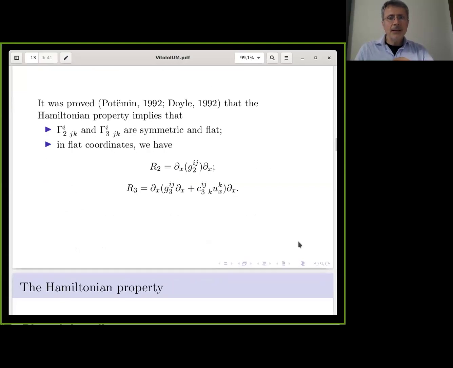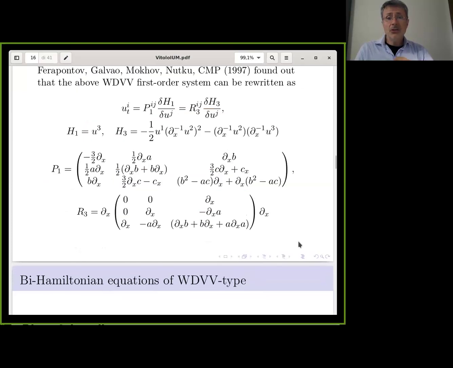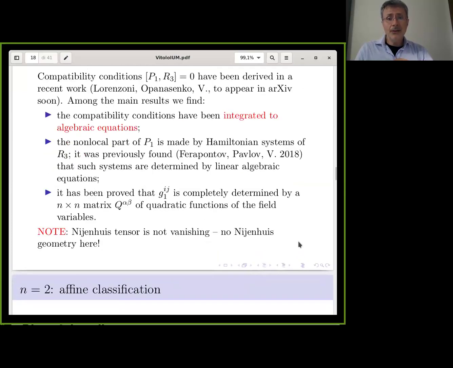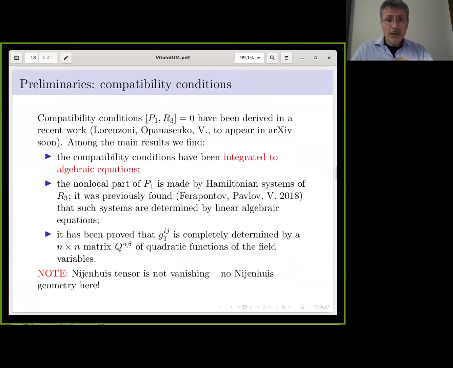And indeed, one could prove that they are total derivatives. So these systems are conservation laws. This is a result of the compatibility computation. And those systems are Hamiltonian systems with respect to the third-order operator. So again, the non-local part of P1 is made by Hamiltonian systems of R3, of the third-order operator.